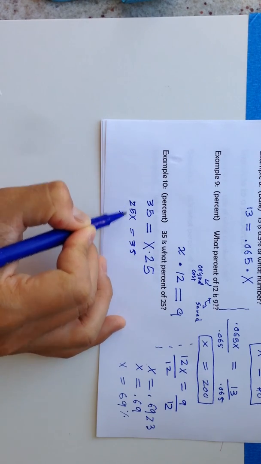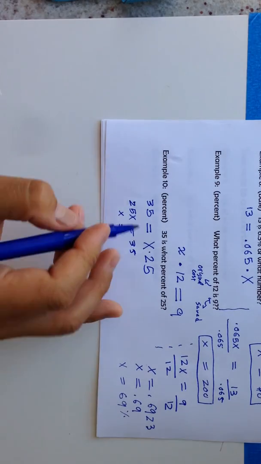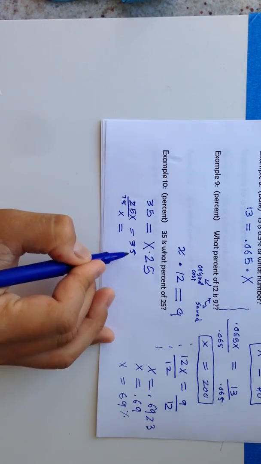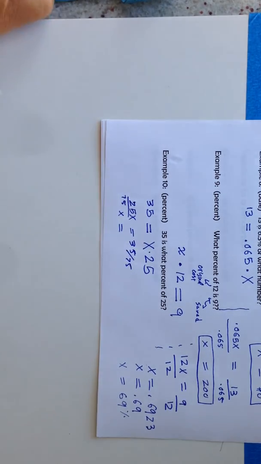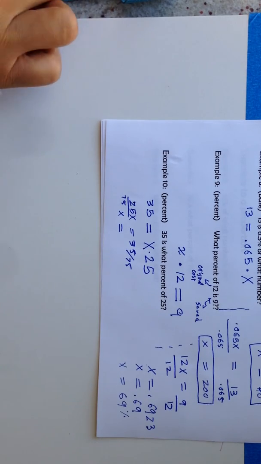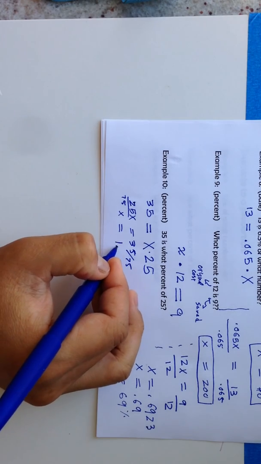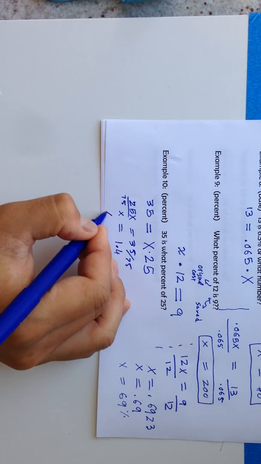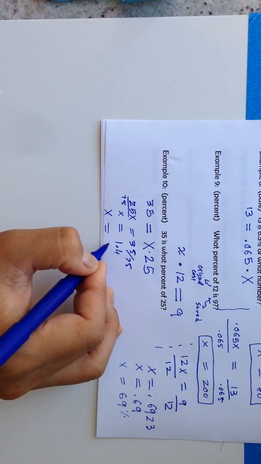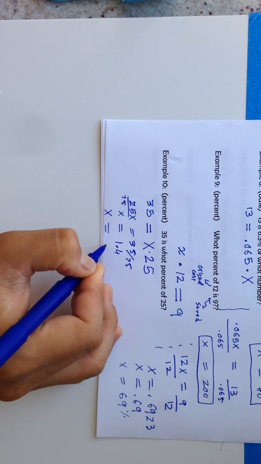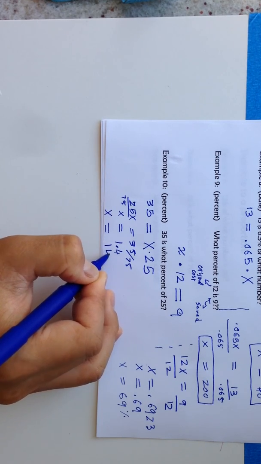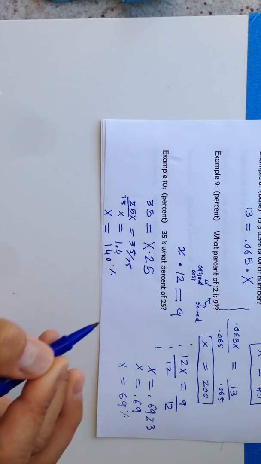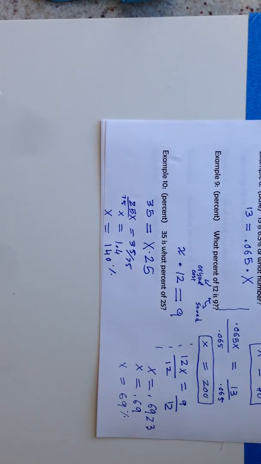We're going to go ahead and divide both sides by 25. It comes out to be 1.4. And then in order to make this into a percent, you move this decimal 2 places to the right. So it becomes 140. So it turns out to be 140% savings.